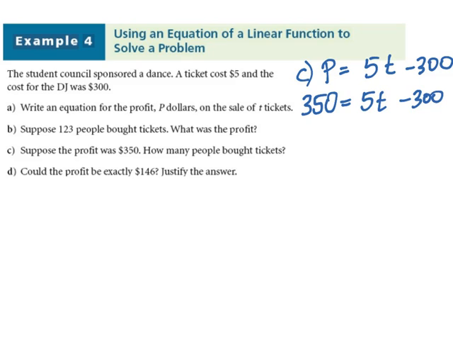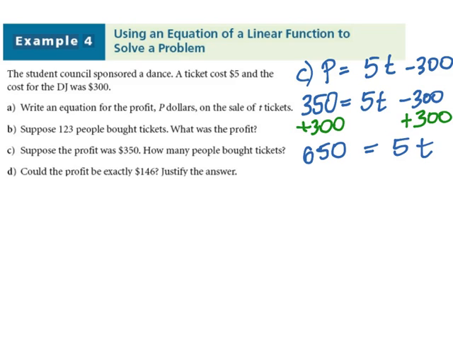And the way we're going to do it is by doing the opposites. We're going to separate or isolate T from all the other numbers. The way we do that is that we add 300 to both sides of the equation. So 350 plus 300 on the left-hand side is 650. And negative 300 plus 300 is 0. So we just have 5T on the other side.